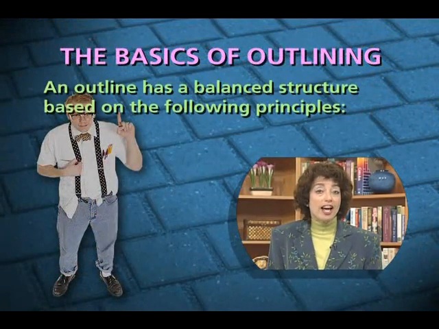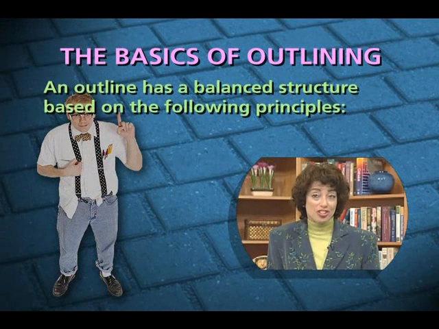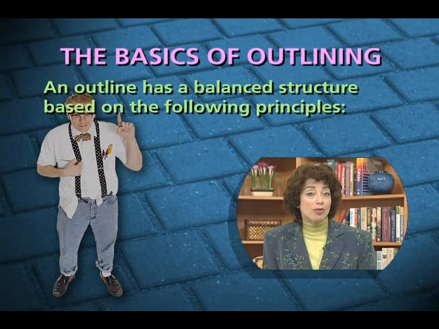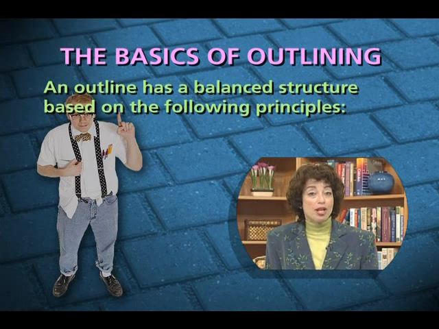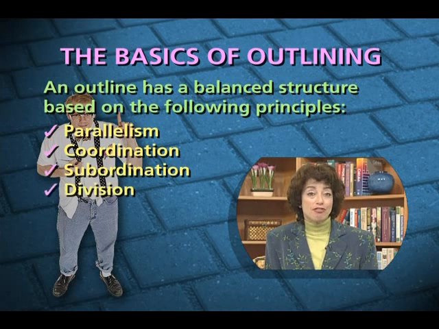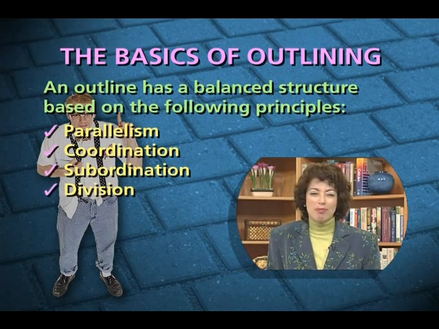An outline has a balanced structure that's based on the following 4 principles: parallelism, coordination, subordination, and division. Sounds a little complex, but it's really very, very easy and very, very logical.